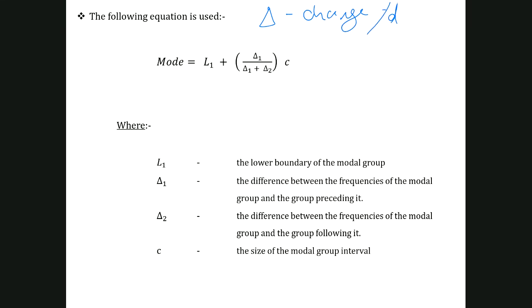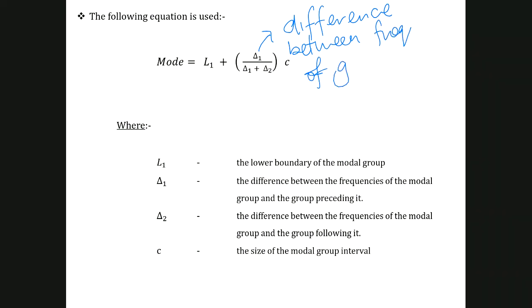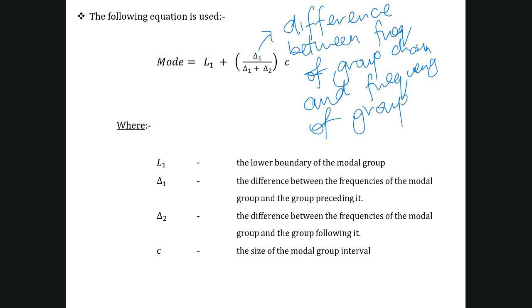So the first difference is the difference between the frequency of the group chosen and the frequency of the group before it.